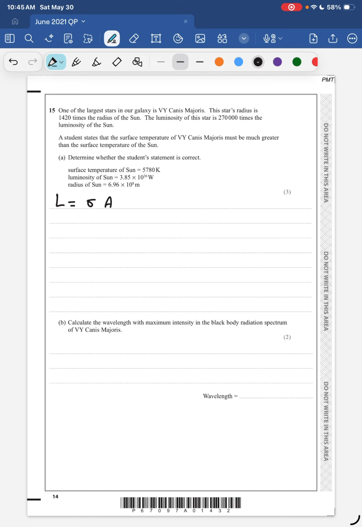So L is sigma A T to the fourth, but the luminosity of Canis Majoris is 270,000 times the luminosity of the Sun, which is sigma times the surface area of the Sun times the Sun's temperature to the fourth, and this must be equal to sigma times the surface area of Canis Majoris times the temperature of Canis Majoris to the fourth.